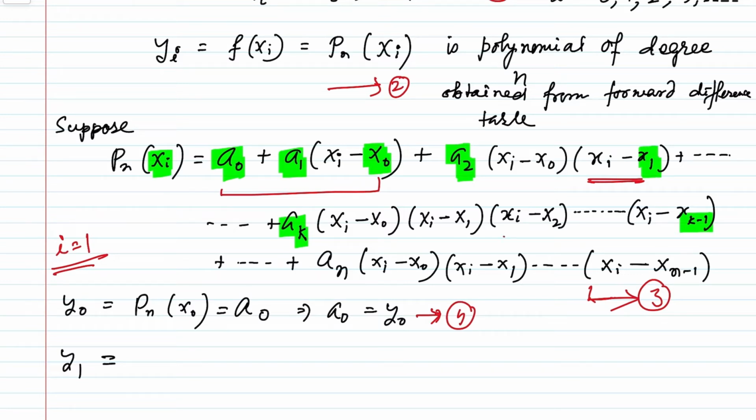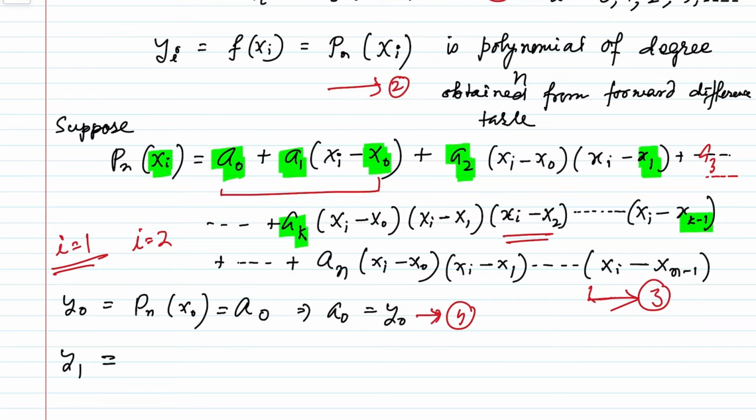When you put i equal to 2, then this term will be 0. From a3, the remaining terms will be 0.